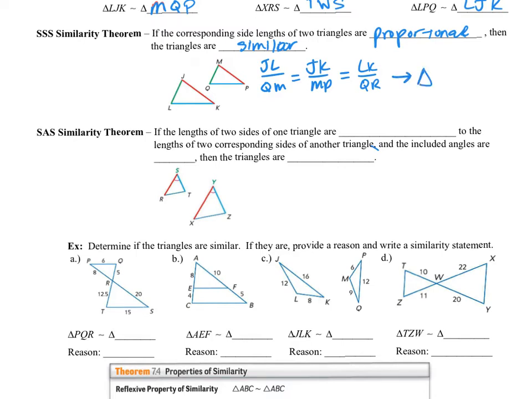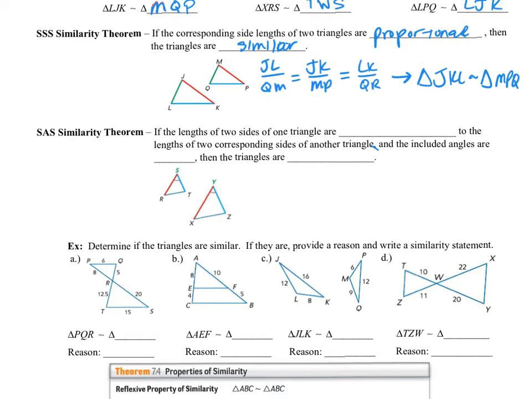So we could say that the bigger triangle, triangle JKL, would be, oops, I almost said congruent. We're not talking about congruency here, we're talking about similarity. Triangle JKL would be similar to triangle MPQ, okay?